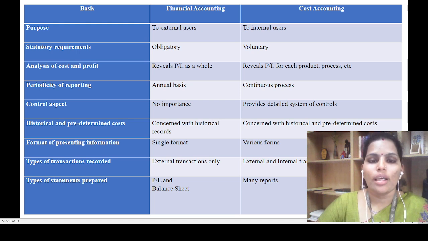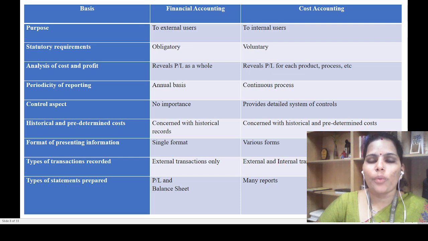Financial accounting, as per the statute or as per the law, is important: every organization registered under the Companies Act has to prepare financial accounting. But cost accounting is not like that. It is an option for the company. It is voluntary. If you want, you can prepare it. If you don't want, you need not prepare it.